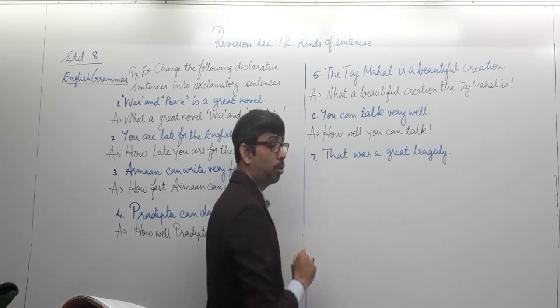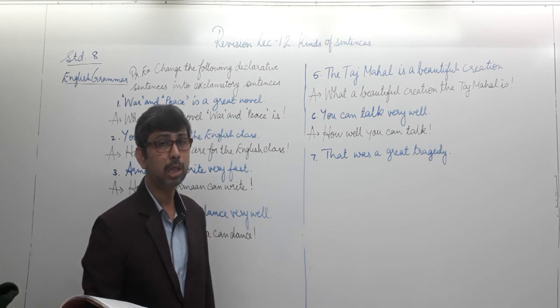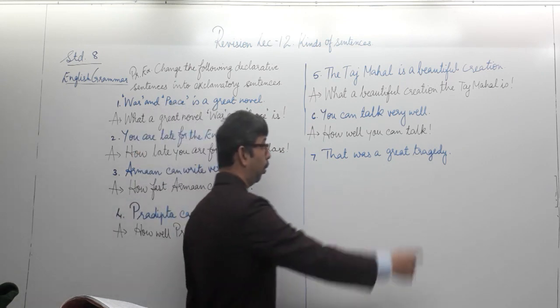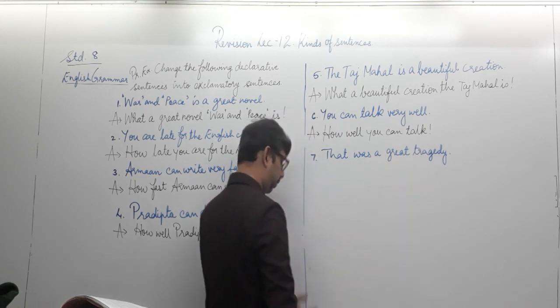So what are we going to use over here? The word what and not how. We are not going to say how a great tragedy. It would be incorrect to say so, because we are concerned about the object. We are taking into focus the word tragedy, which is given to us in the object part.